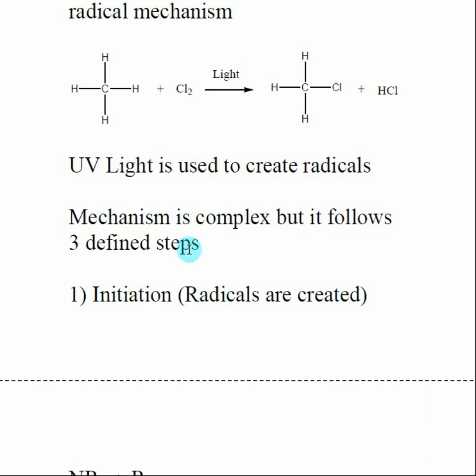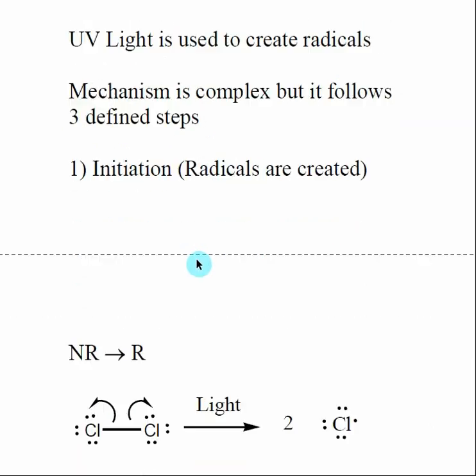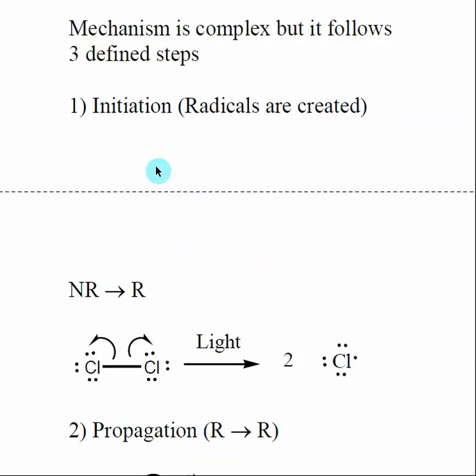So let's take a look at this. With all free radical reactions that I know of, the first step is you got to create free radicals. They got to come from somewhere. And so this first step is called initiation. So there are 3 main steps in our free radical halogenation. The first step is called initiation. And with this, we are creating free radicals. By initiation, we're taking something with no free radicals and turning it into something with free radicals.